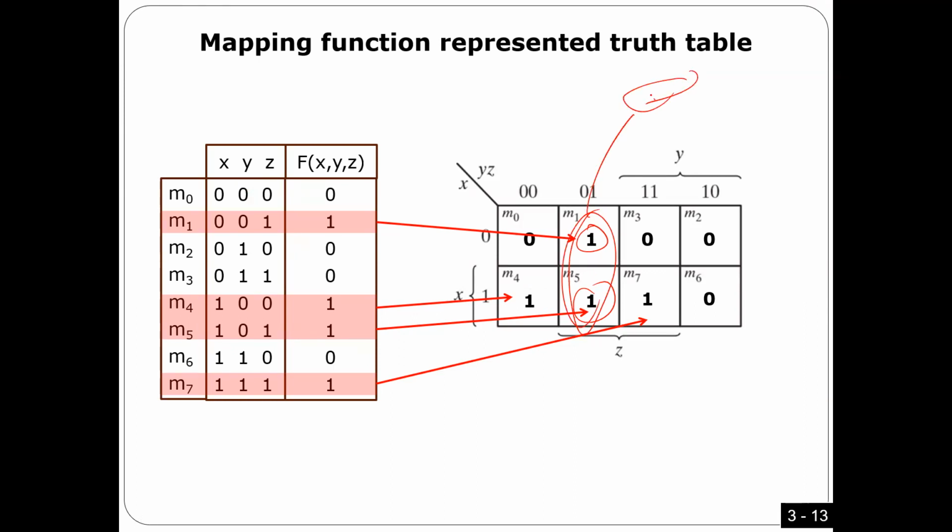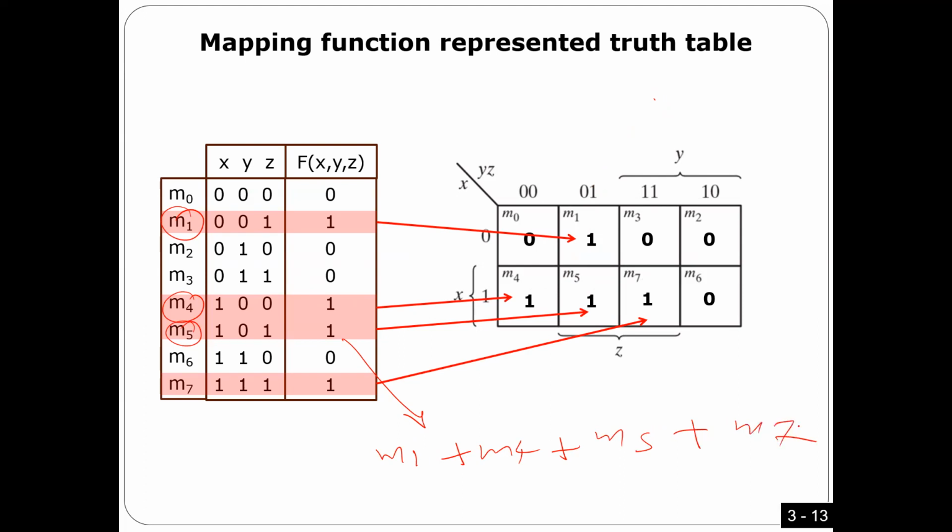Same thing if I can group four, that means four min terms, because remember this equation is min term 1 or min term 4 or min term 5 or min term 7. This is the function. That's what we did in chapter 2.